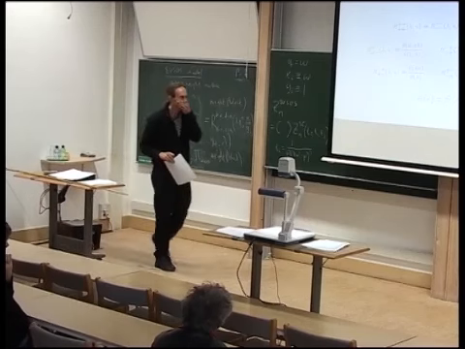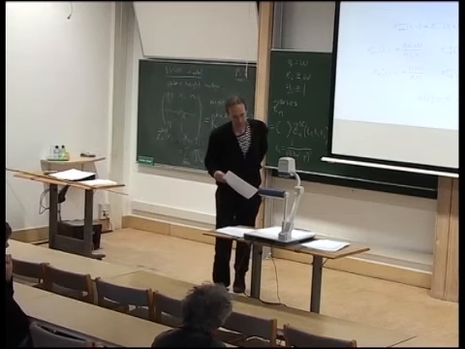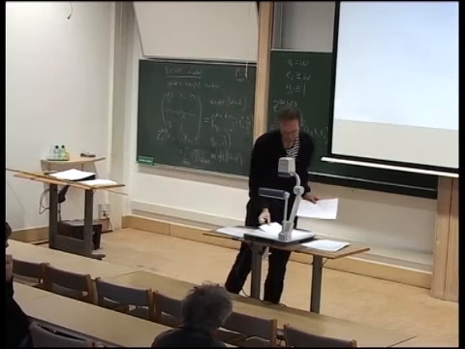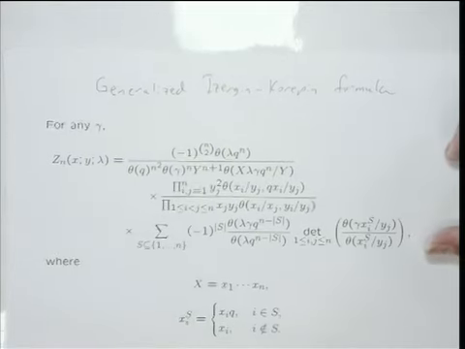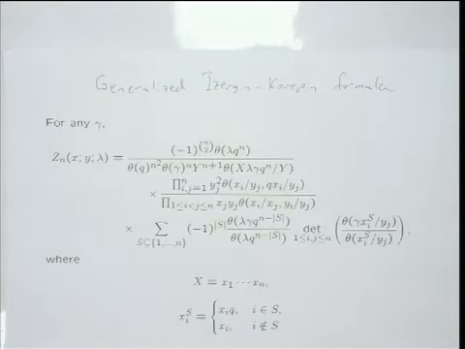So the appropriate generalization of the Ising-type determinant identity, I claim, looks like this, which looks really, really complicated. But I believe that this is in some sense the best thing you can get in general.